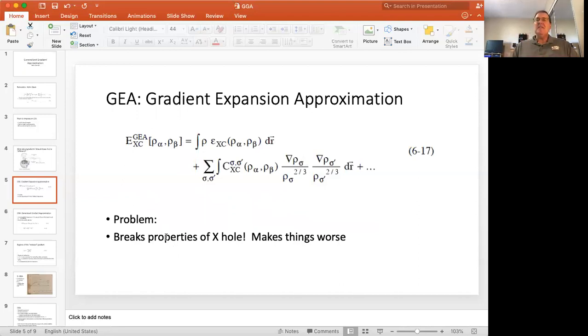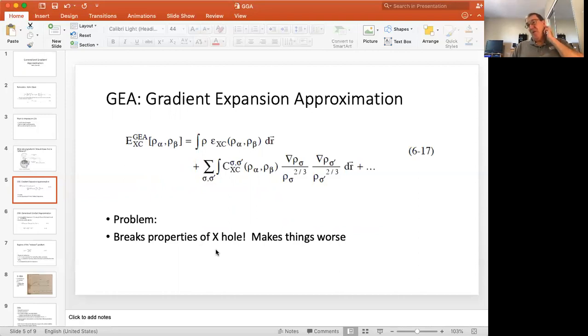But the problem is, by just doing this, all you've done is build in information about the gradient at one point. Now you know that that can't be right everywhere, right? It's just not a straight line for the density. You're treating it as if it were. And when you integrate over all space, it breaks properties of the exchange hole. It makes things worse.